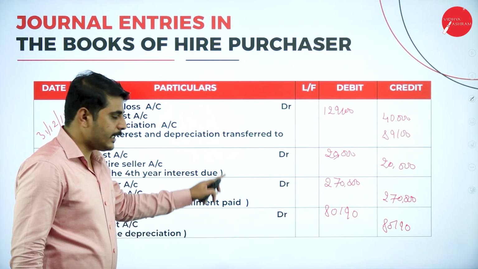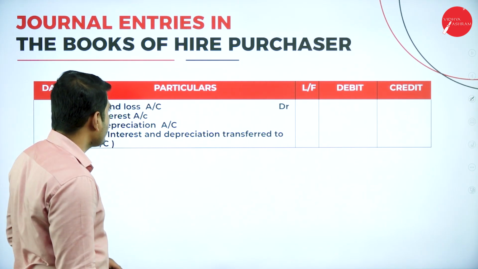Now this interest and depreciation should be transferred to Profit and Loss account, right?